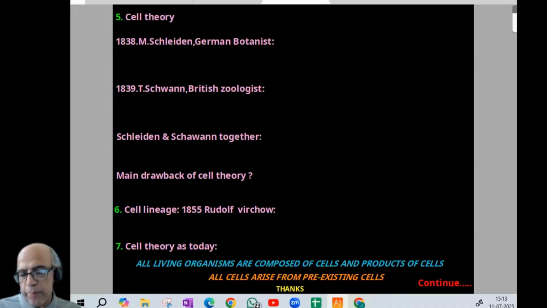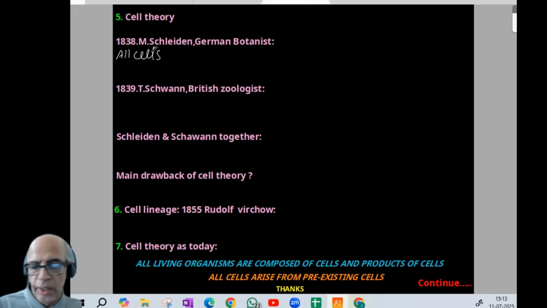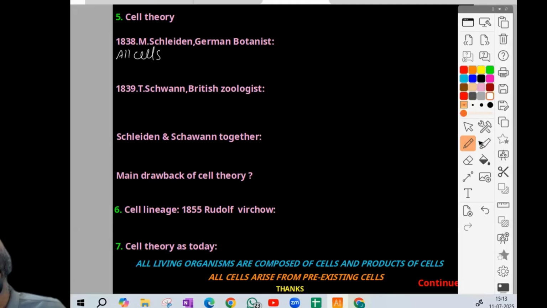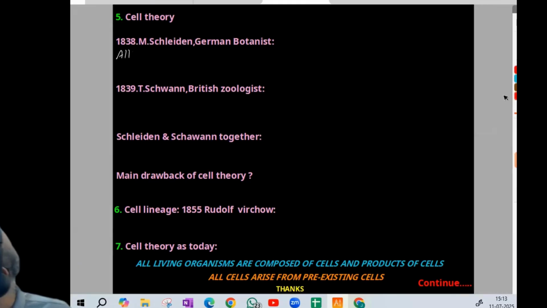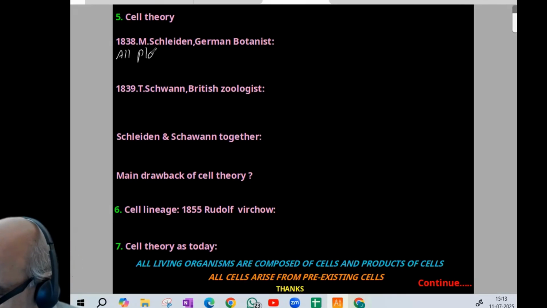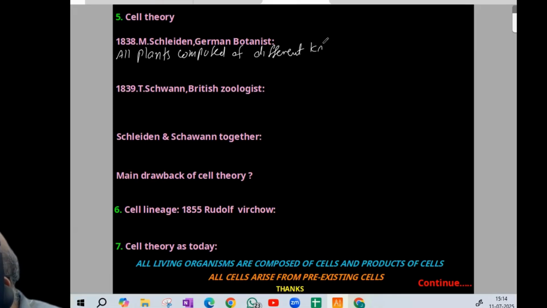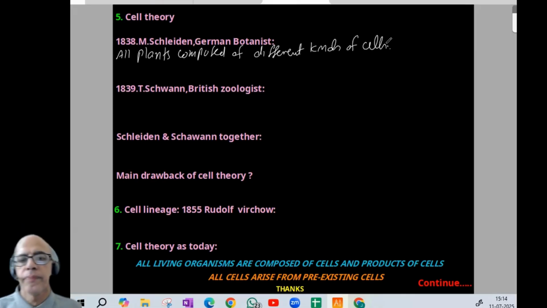According to Schleiden, all plants are composed of different kinds of cells, and they constitute what is known as tissues.